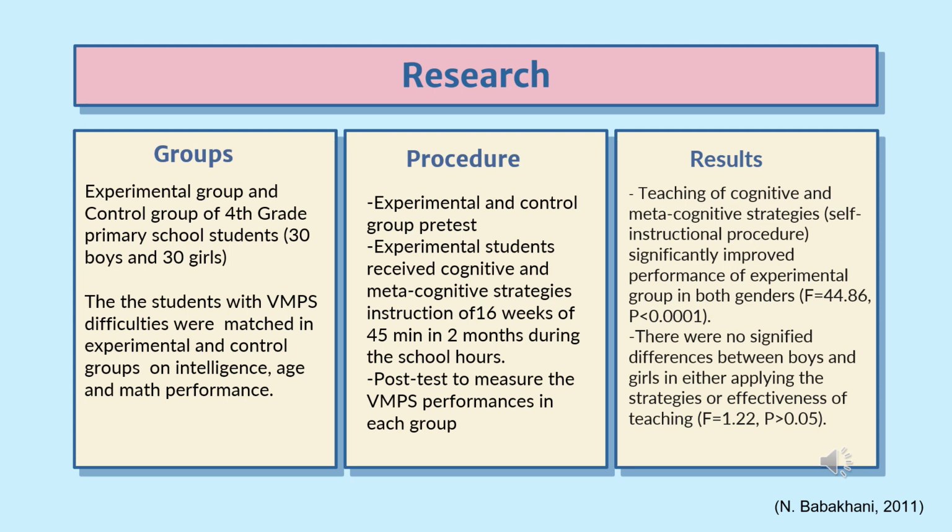The experimental and control groups were given a pre-test and after that the experimental students received cognitive and metacognitive strategies instruction of 16 weeks of 45 minutes in 2 months during the school hours. After that they were given a post-test to measure the verbal math problem-solving performances in each group.